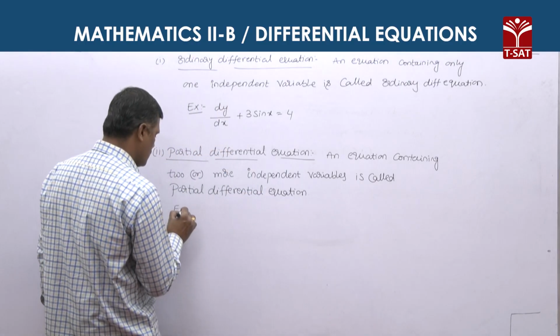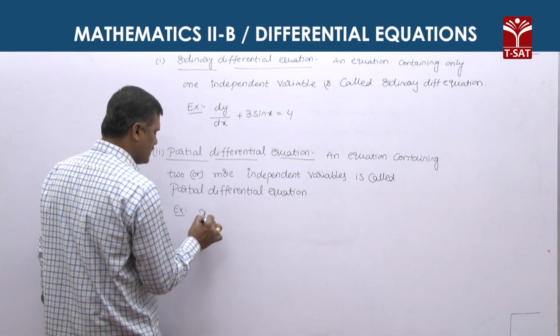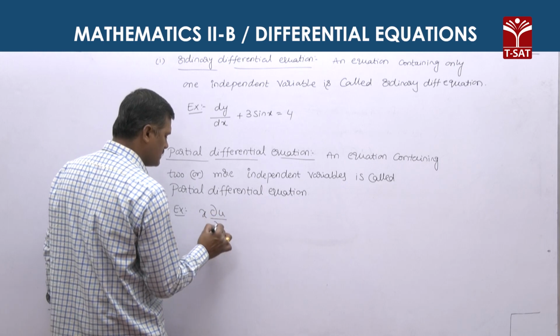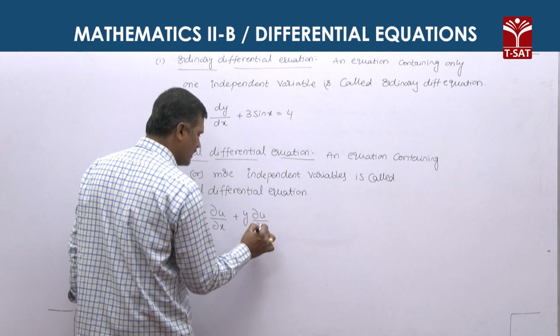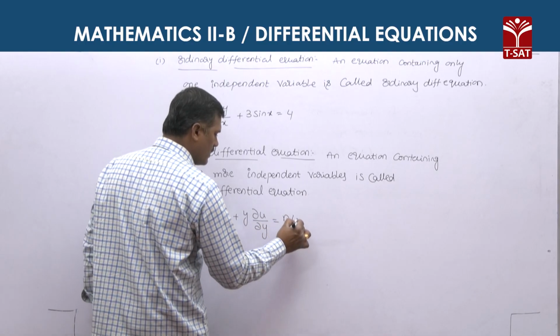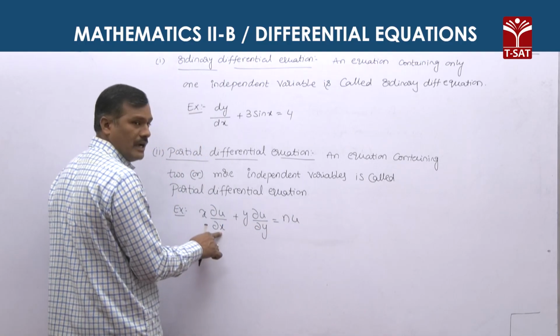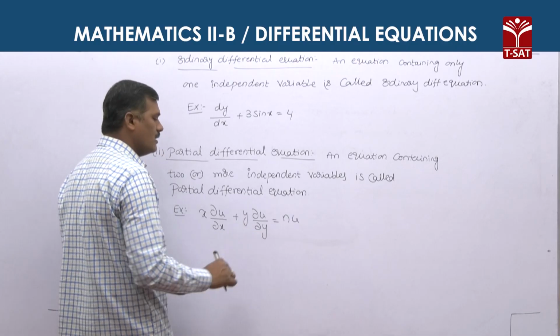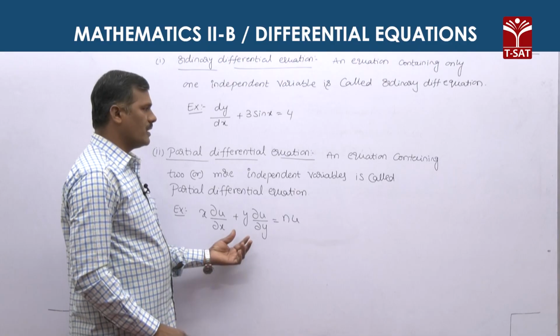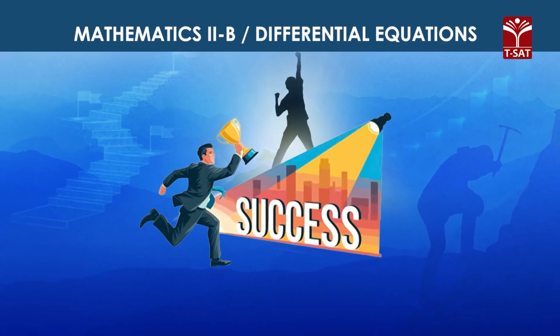Example, x into dou u by dou x plus y into dou u by dou y is equal to nu. Here x is an independent variable as well as y is also an independent variable. So this type of equations are called partial differential equations.